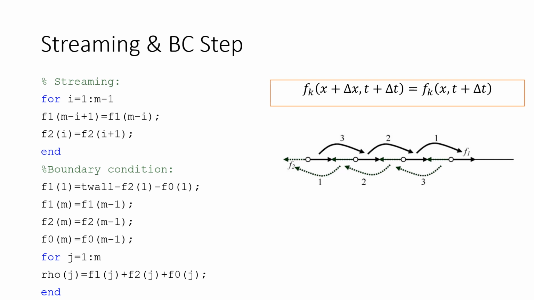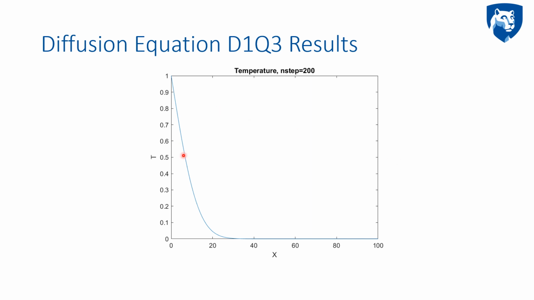So the source code will repeat all of those steps until time step equals 200, and that would give us this result. So this is the temperature distribution at time step equals 200.